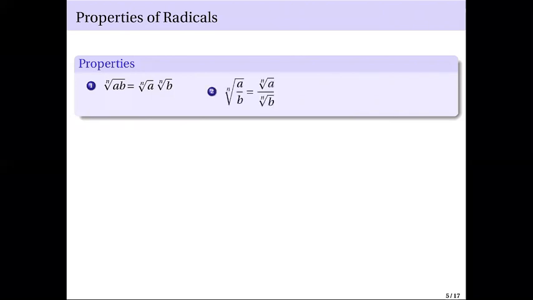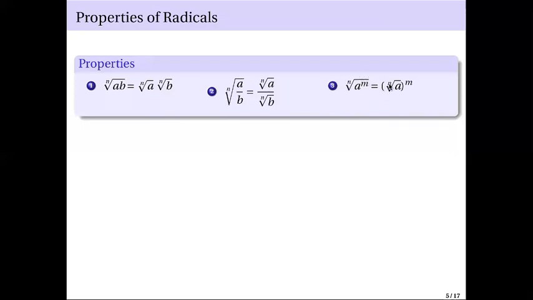And of course, just like product here, we have quotient. So nth root of A over B, that's equal to nth root of A divided by nth root of B. And again, provided the radicals here are defined. And if we have the following, so you have A to the M, then you get the nth root of that.